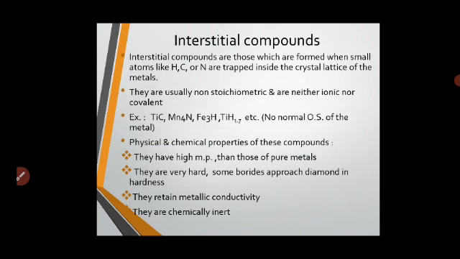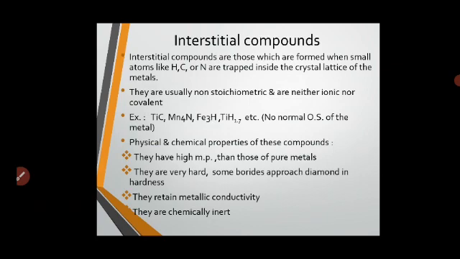Okay, now which are the compounds? When small atoms like hydrogen, carbon or nitrogen are trapped inside the crystal lattice of the metals, these are called interstitial compounds. Now why only these elements? Because these elements have very small size and they can go easily into any structure.